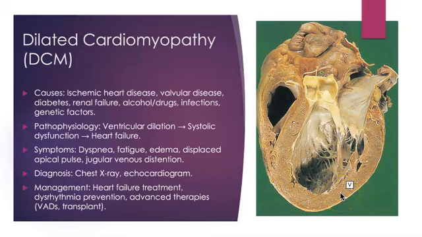and that could lead to heart failure. So this is going to cause symptoms such as breathlessness and swelling and fatigue, displaced apical pulse, and jugular venous distension. Our diagnosis is confirmed through imaging, such as a chest x-ray or echocardiogram, and our treatment is going to be managing that heart failure, and in severe cases, heart transplantations.